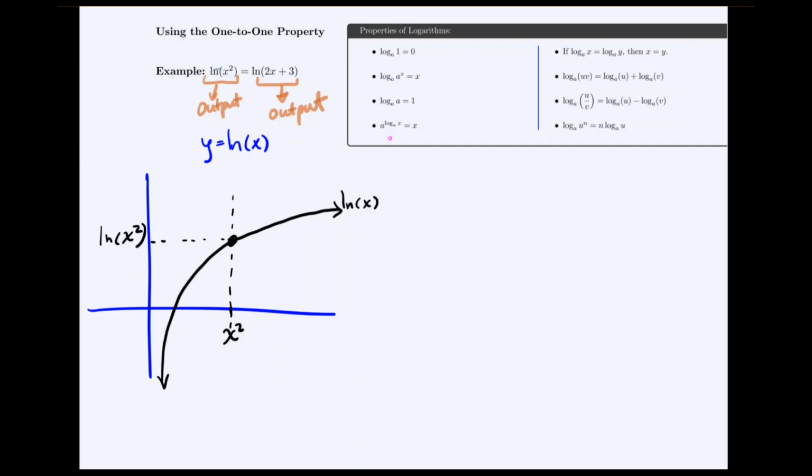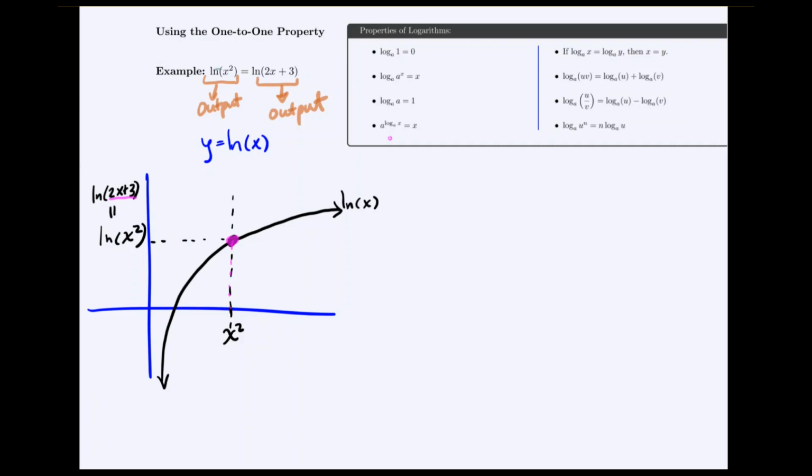What it is telling us is that this height is equal to ln of 2x plus 3. So for some other input, 2x plus 3, if you look at that input, you're going to get to the same height. But the only place this function gets to this height is right here.